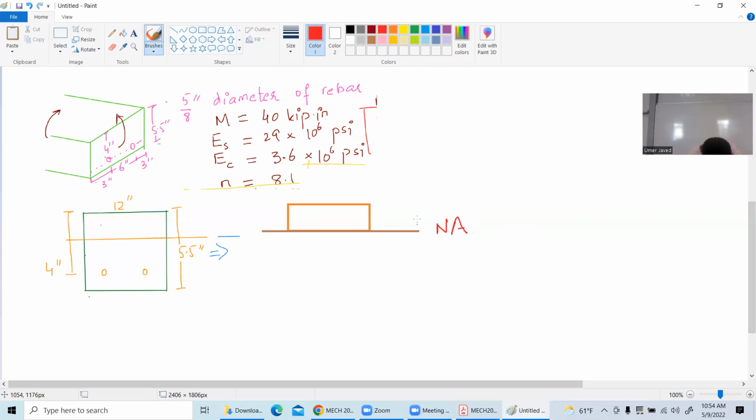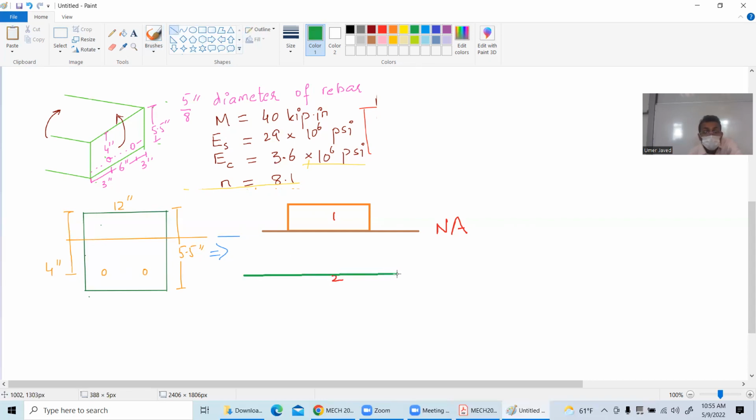This is my section 1. This is my section 2. For section 2, what I will do is I will replace these two steel bars with concrete.